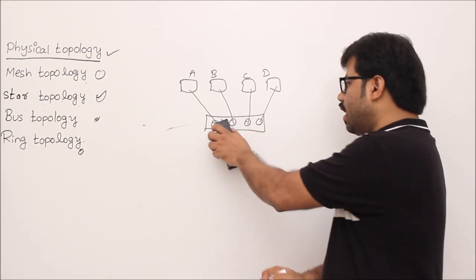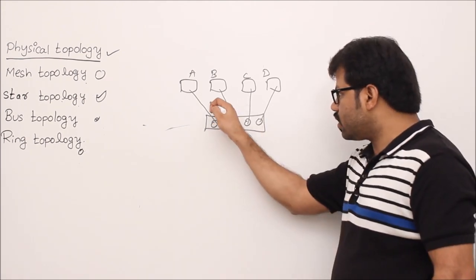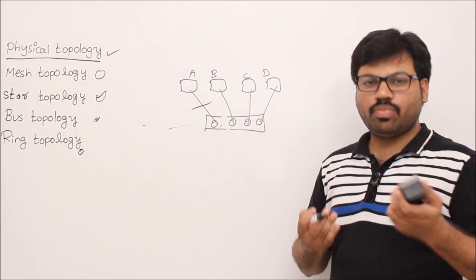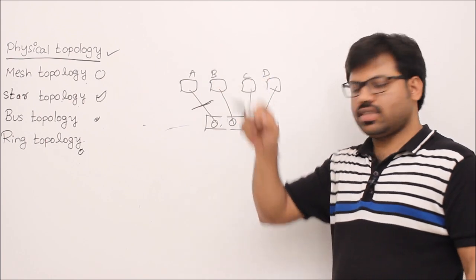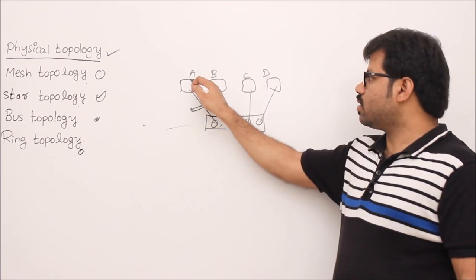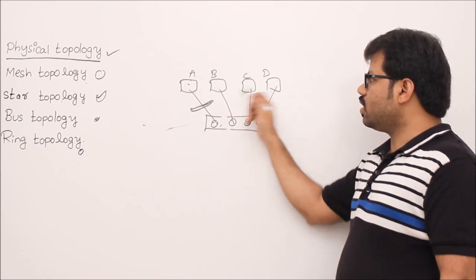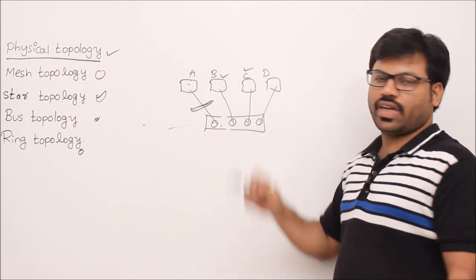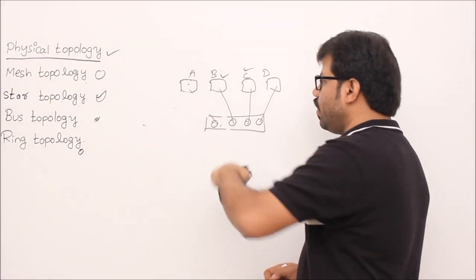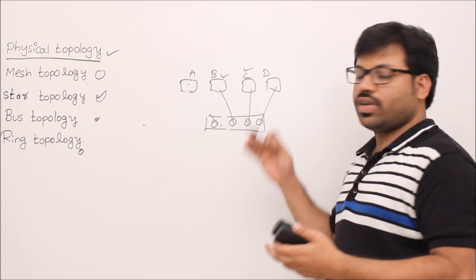Apart from that, if a cable breaks, then still it works, correct? Only A cannot send messages to others, but B, C, D can happily communicate. So if one cable breaks, there will not be any problem for other computer communications.